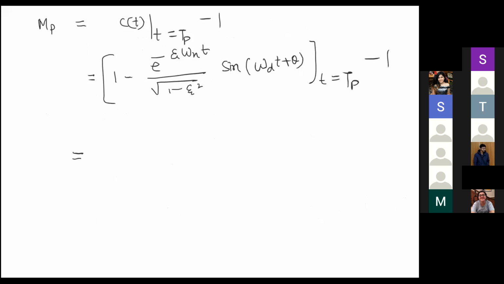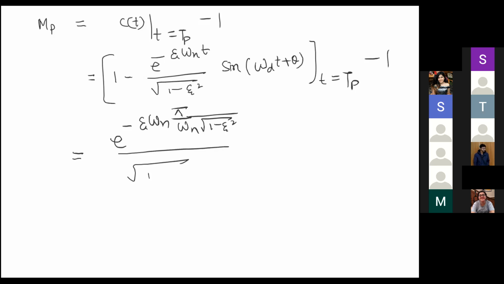The 1 will be cancelled out. So e to the power minus zeta omega n, and Tp is pi by omega d, and omega d is omega n under root of 1 minus zeta square, upon under root of 1 minus zeta square, into sine of omega d Tp, which is pi by omega d, plus theta, and this one is minus sine.